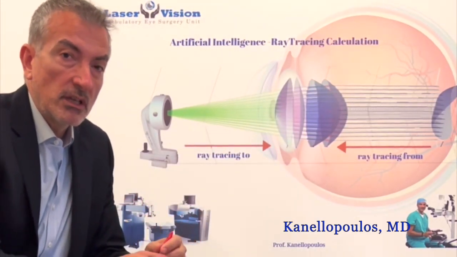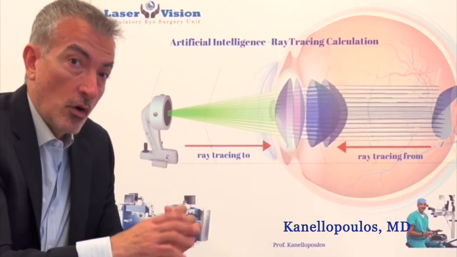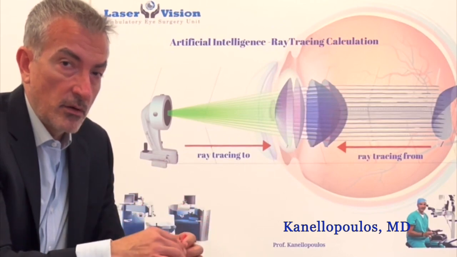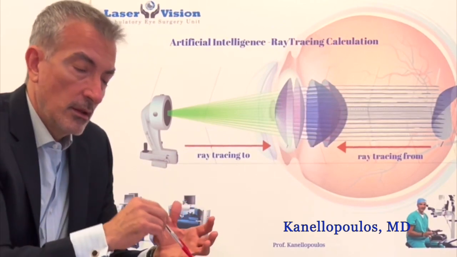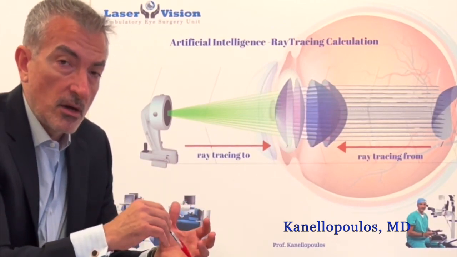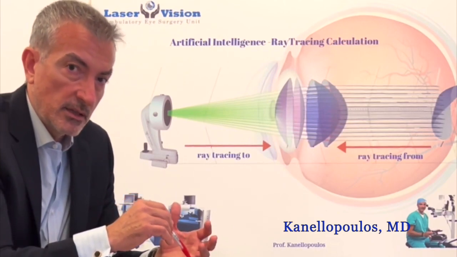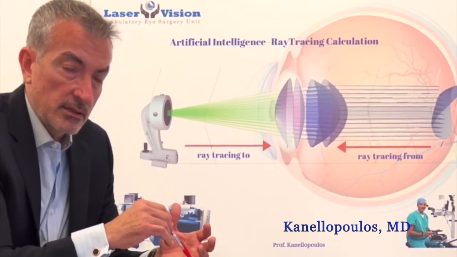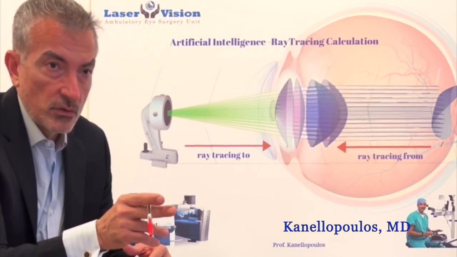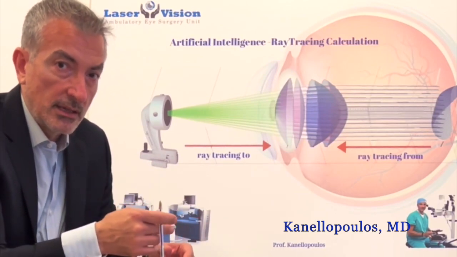And this is able to give us automated data. This is all done by artificial intelligence, of low-order aberrations, so the amount of myopia and astigmatism and axis, and high-order aberrations, coma, trefoil, etc.